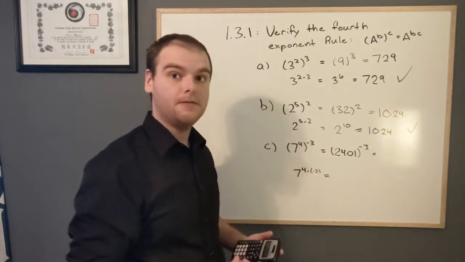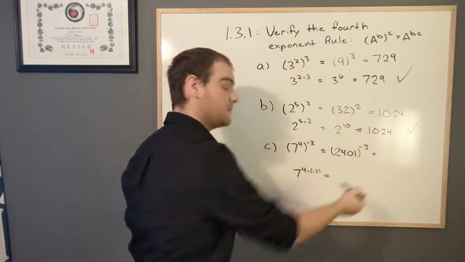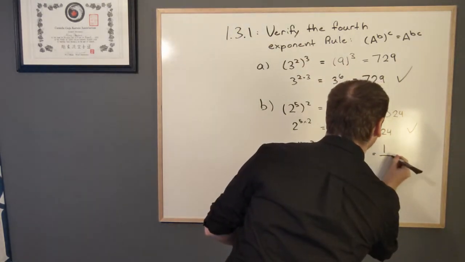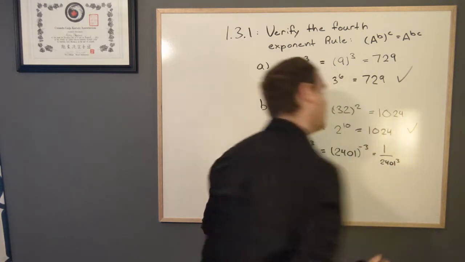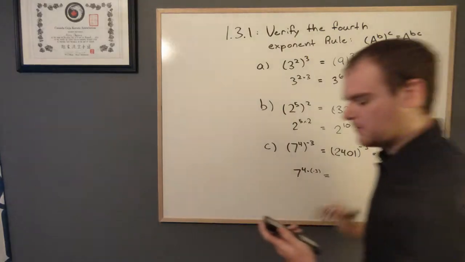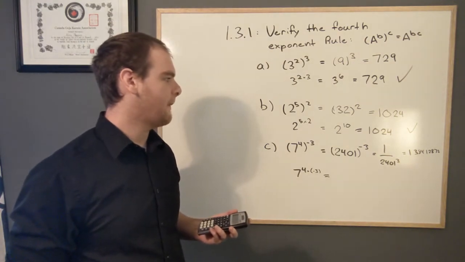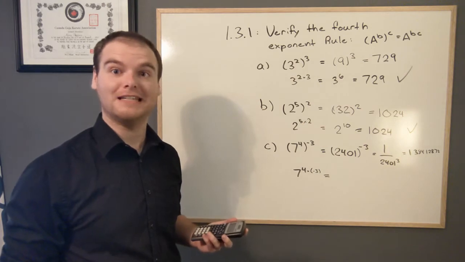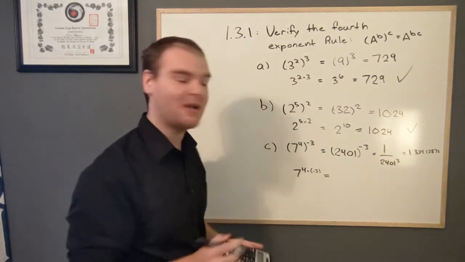We can use the negative, like we learned in the lesson, to turn the base with the exponent into a denominator. And then we can do the power of 3, which is 138,412,817. Lovely.